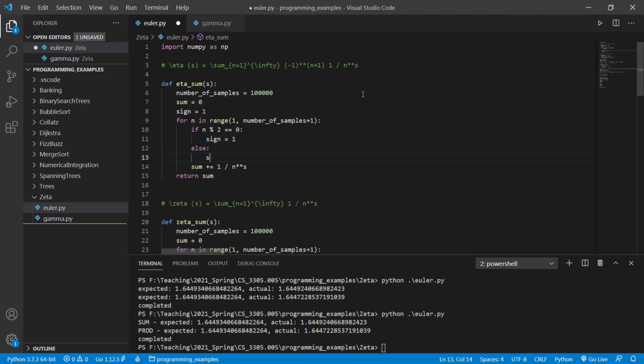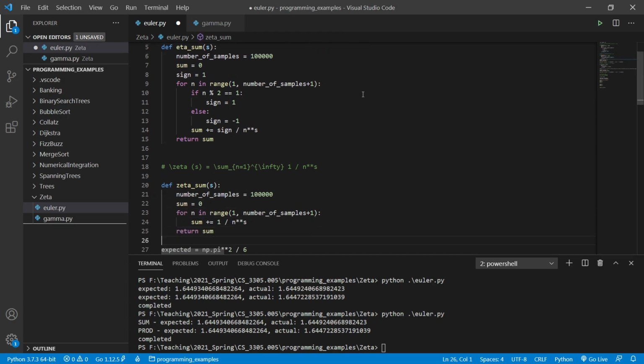Otherwise, it's odd. When n equals 1, it's supposed to be odd, right? So the sign is +1 whenever n is odd, and it's -1 whenever it's even. Okay, so now it's the sign, either 1 or -1, divided by this. So that one wasn't so bad to adapt.